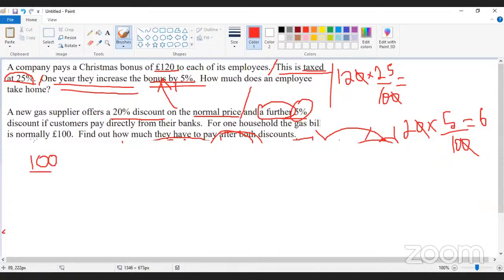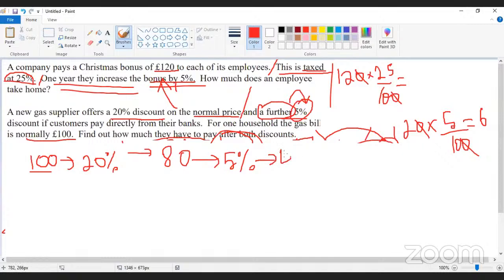The normal price is 100 euros, discounted by 20%, so the new price is 80. From this 80, it is said a further 5% discount. So 5% of 80 is 4. It is a discount, so I subtract, and I get 76. Are you clear with that, Anthony?